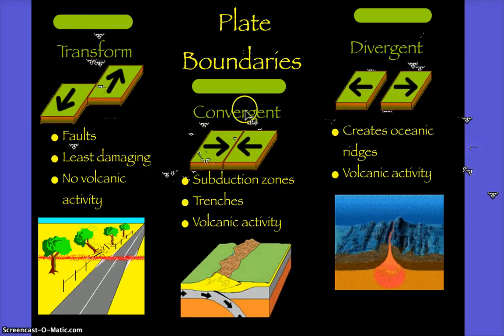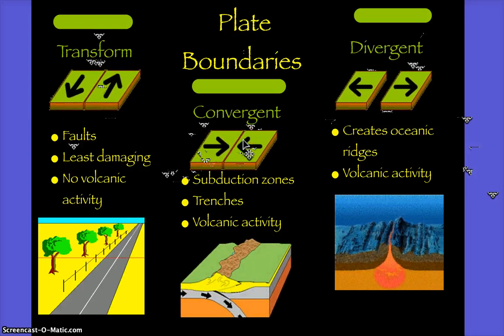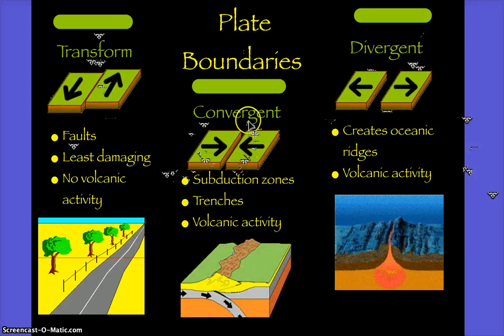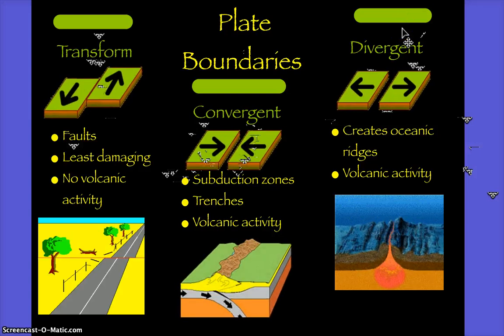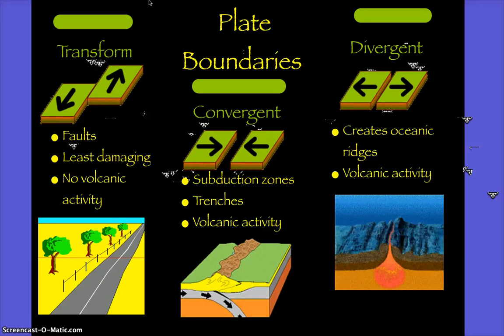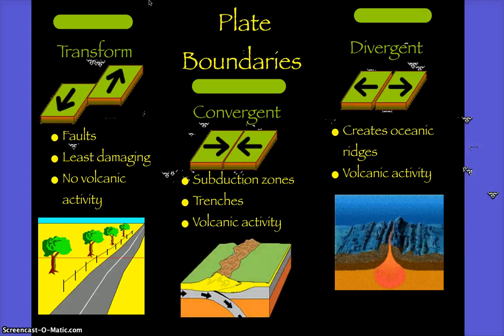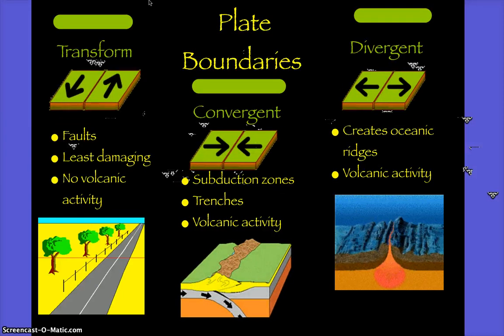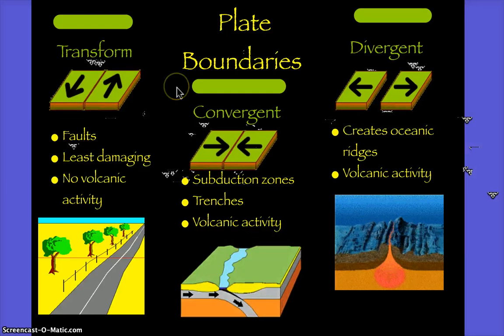I want you to pay attention to this, okay? Because your mind is going to choose the wrong answer. So convergent, put the words come together so you remember if you don't know. Divergent moves apart. Transform moves in parallel but opposite directions. Can this be transformed? Yeah. Yes, it does. It's either like this or like this, depending on which direction the plate lines are.